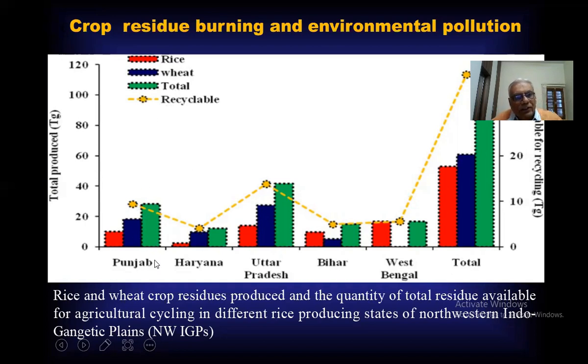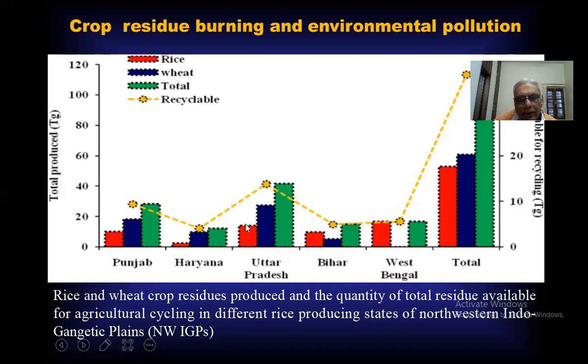So you can see here the total out of three. You can find the rice residue is more in Punjab, Uttar Pradesh is also more, Bihar also, and West Bengal. So you can see the total rice crop residue.